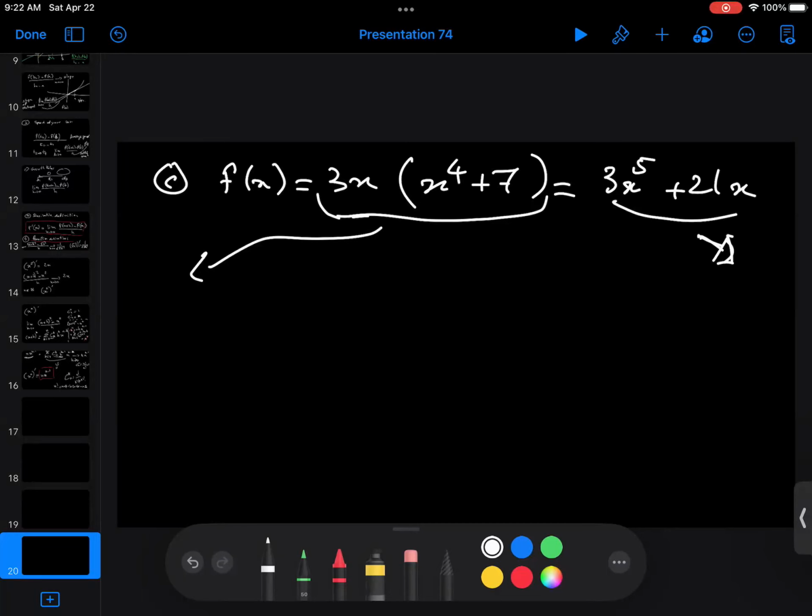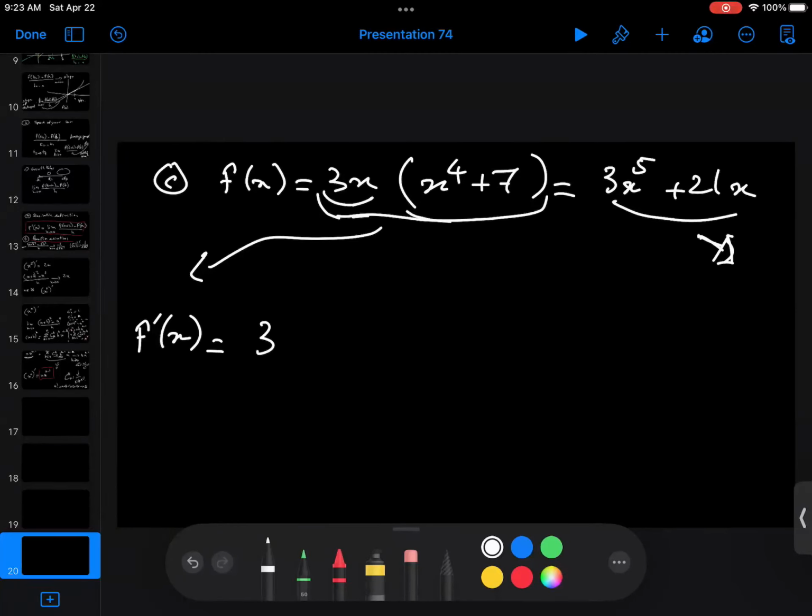So there's a formula for the product. If I want to compute the derivative of this, I take first the derivative of this function, which is 3. This is a linear function, so the derivative of a linear function is just the number. It's the slope, in fact. So it's 3.